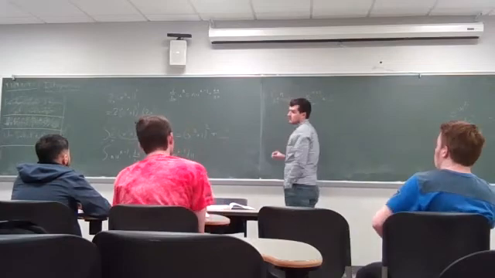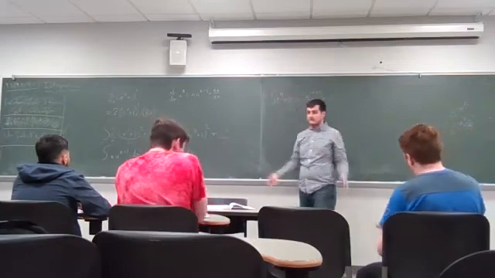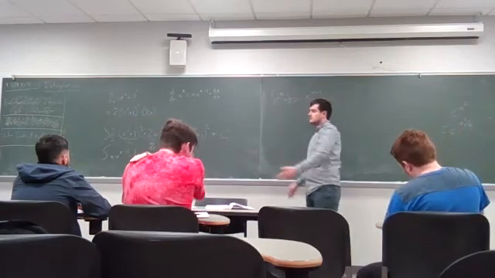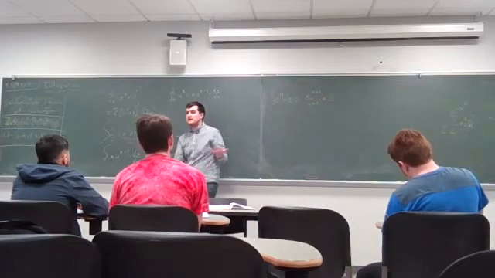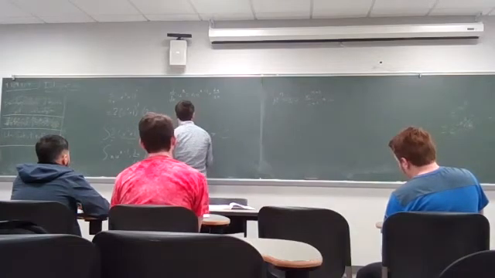And as long as these variables match, it doesn't matter. Again, it's just a dummy variable in this case. So if I'm using u, it's going to work the same way, right? Also, this n is just a constant, so it's just hanging out. It's going to come out to the side, right?